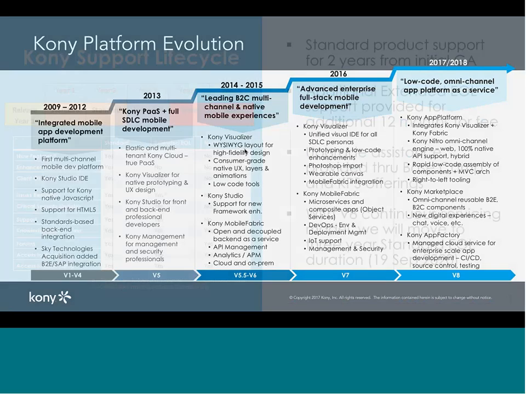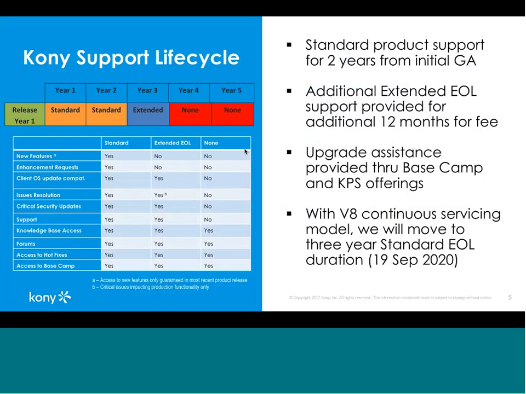So let's talk a little bit about the typical Kony support lifecycle. Typically, once a release goes GA, Kony provides standard product support for 2 years from the date of the initial GA, and we offer a year of extended EOL support.